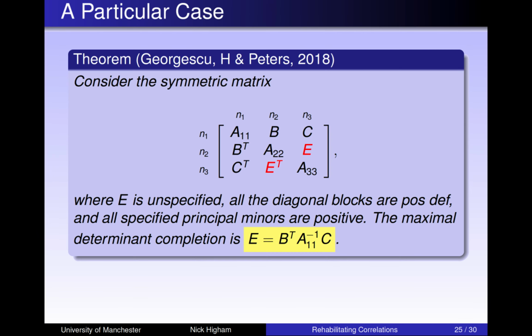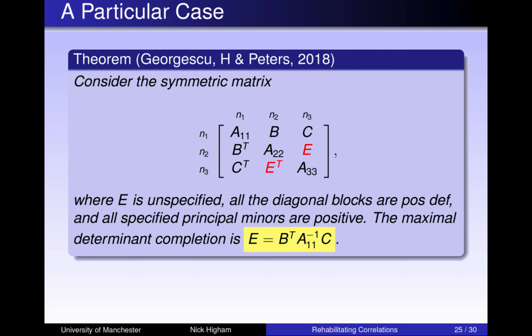Now in general, finding that completion would be a nonlinear optimization problem for which there are methods applicable, but I want to just show you that you can solve it explicitly in certain cases. I'll just give you one example here. So in this work with Georgescu and Peters, we found that if your matrix has this 3x3 block structure, and the unknown entries are all collected together in this block E, assuming A11 is positive definite and hence non-singular, then the optimal E, i.e. the one that gives the maximal determinant completion, is given by this formula in yellow.